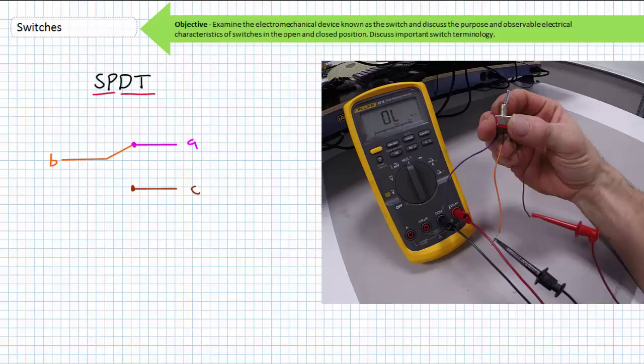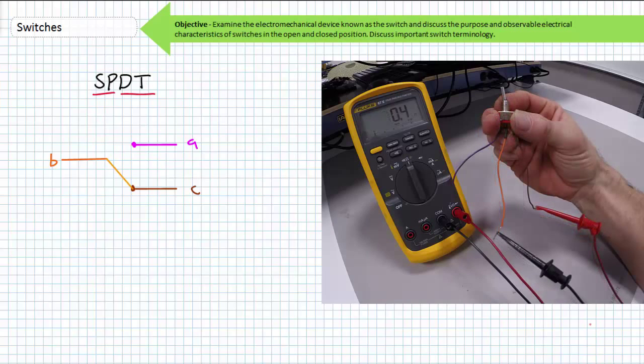It makes sense. A single pole double throw switch is toggling between 2 different throws. When one is closed, the other is open, and vice versa. When I actuate or flip the connection to the up position, the single pole flops to the other throw. The ohm meter now indicates B and C are connected.